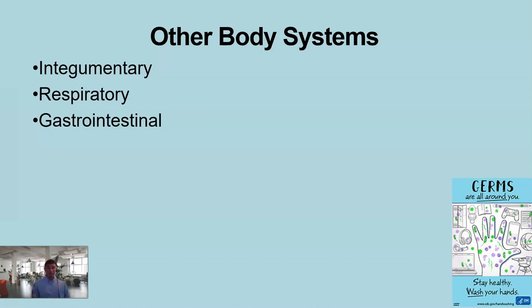So the skin, as part of the integumentary system, is a barrier that is meant to be impermeable to most infectious microorganisms. It's the largest organ system on the body, and it is a barrier stopping invaders from entering the rest of the systems of the body. Any break in the skin can create a potential portal of entry or exit for pathogens.